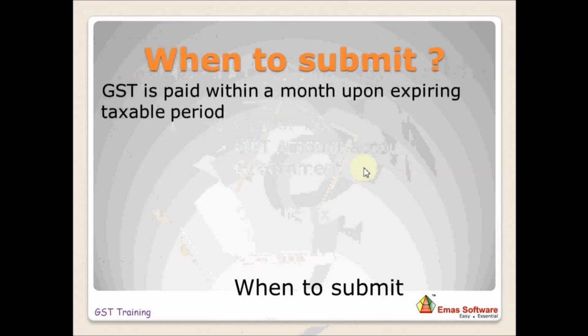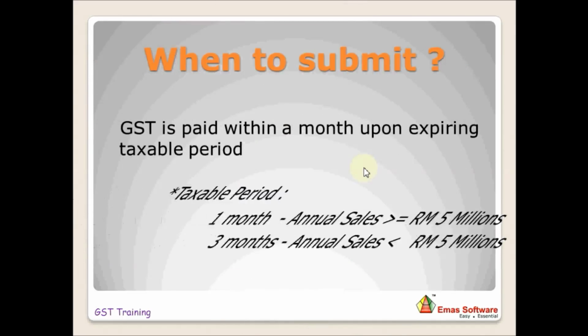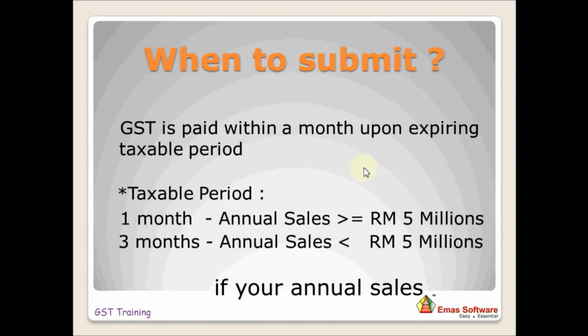When to submit? If your annual sales, your turnover in 1 year, is greater than or equal to 5 million, you have to submit every month. If your annual sales is less than 5 million, then you submit once every 3 months.